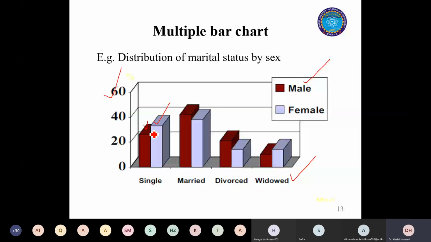That is indicating one thing and that is indicating separate, that refers to male and female. That's a multiple bar chart. Multiple bar charts are flexible in that they can accommodate more than one variable. So in this data set, one is your dependent variable, that is your frequencies, while you have two independent variables, one is the gender and the other one is the marital status.